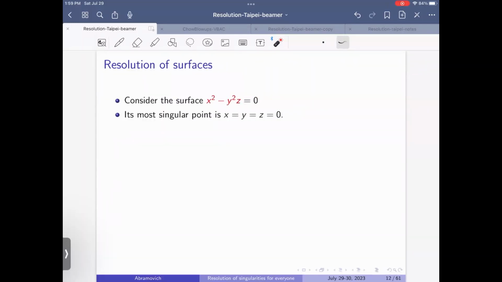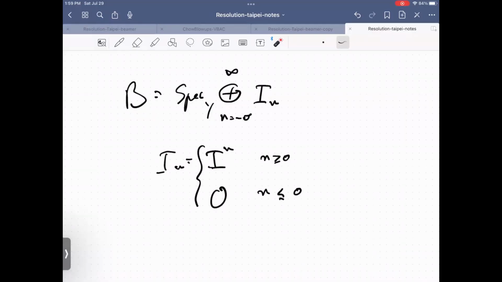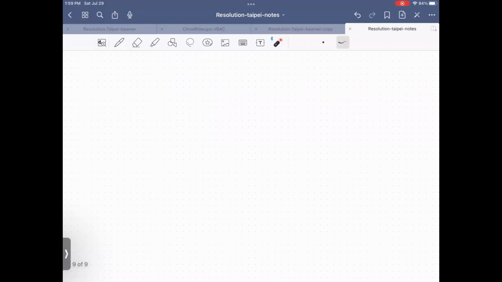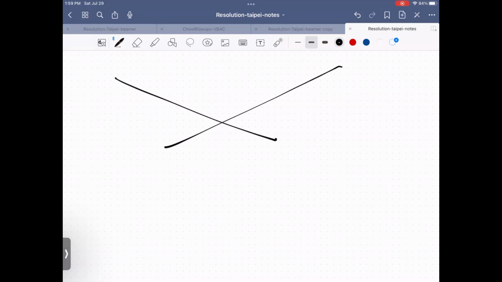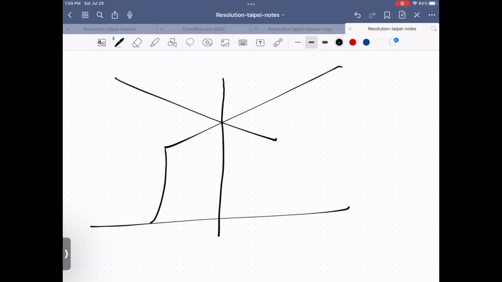Let's look at surfaces. And my favorite example is the Whitney umbrella. Whenever you have a chance to draw the Whitney umbrella, do it. Familiar?